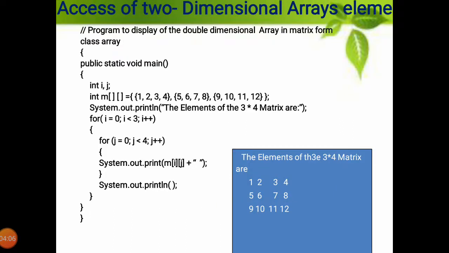In order to work with a large number of rows and columns, we have to use for loops in a double-dimensional array. With the help of for loops we can display the 2D array in matrix form. Here, see this program. I have taken two for loops, one for the row and another for the column.